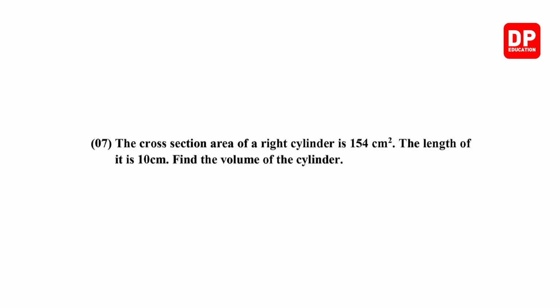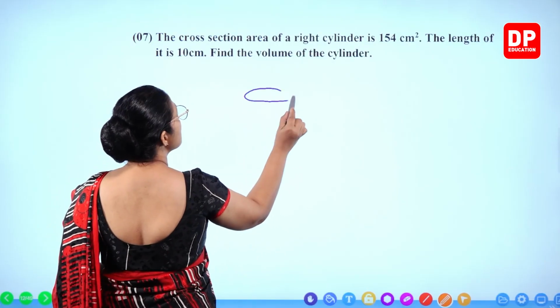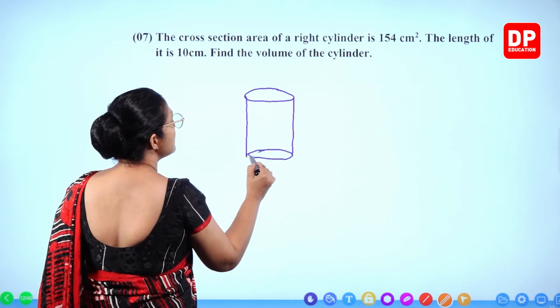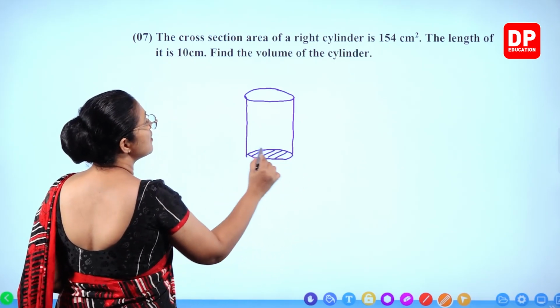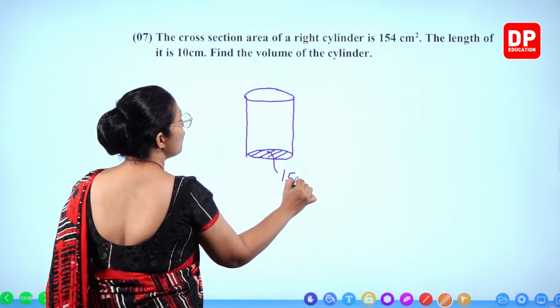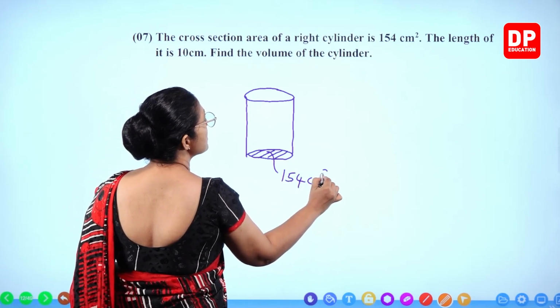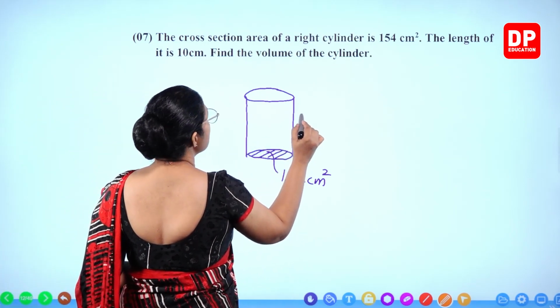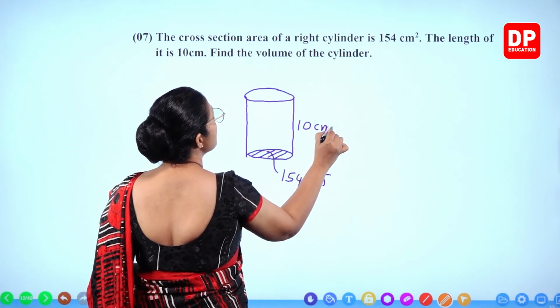Question number 7. The cross-section area of a right cylinder is 154 square centimeters. If you take a cylinder, the cross-section is the circle. So this is 154 square centimeters. The length of this one is 10 centimeters.